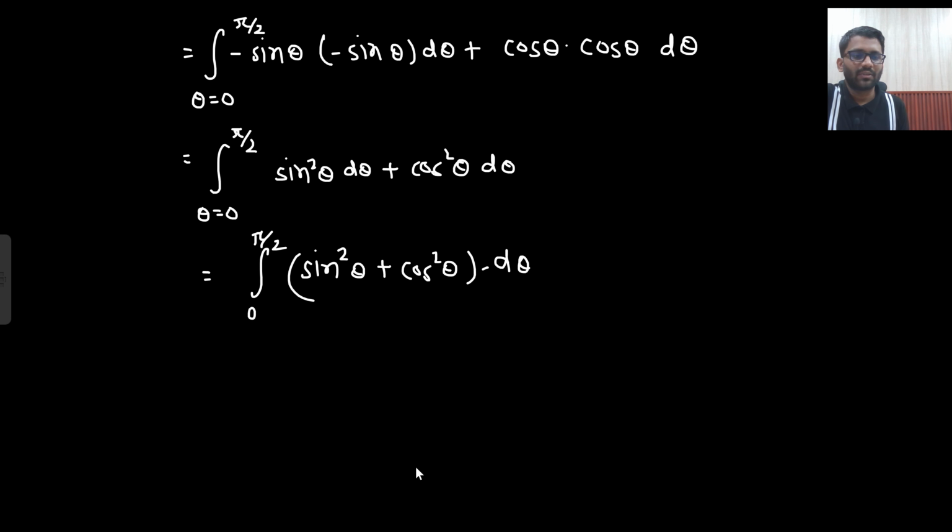What is the value of sin square theta plus cos square theta? 1. So what will be the answer? Pi by 2. That's it. Right? The answer is pi by 2, since sin square theta plus cos square theta is 1, so it is d theta from 0 to pi by 2. This is the answer. Okay.